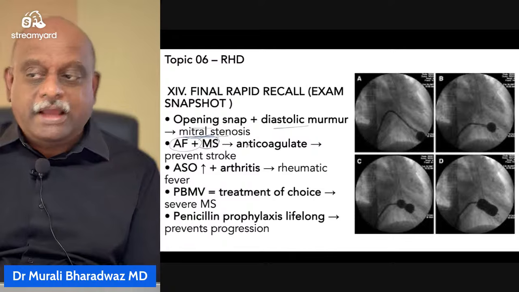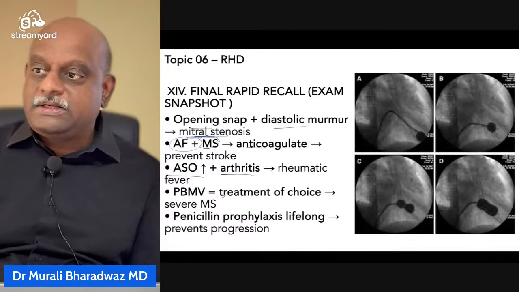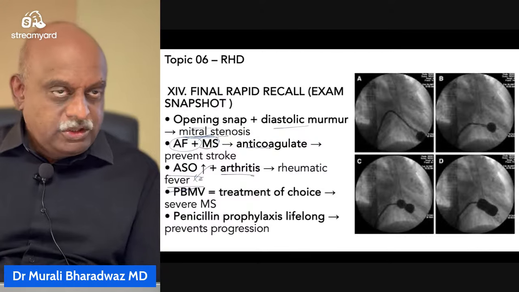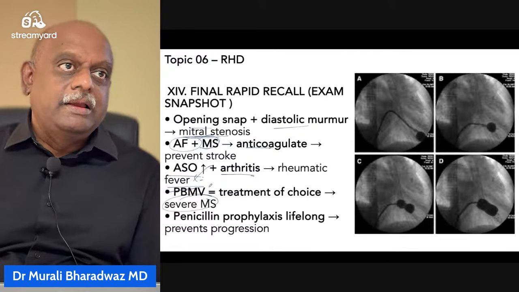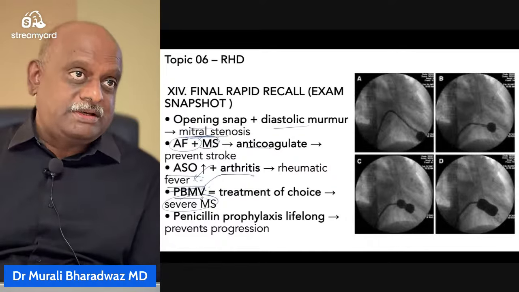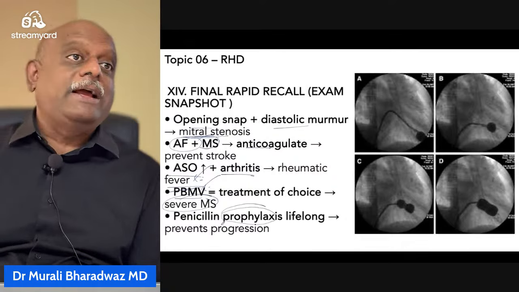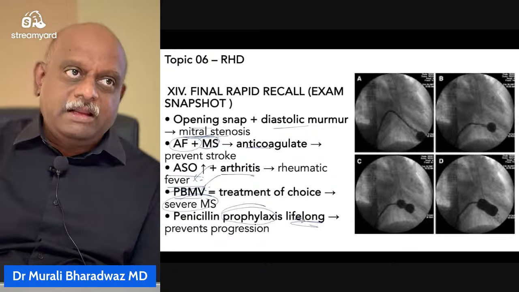AF plus MS, anticoagulate. If the ASO titers are high, plus arthritis, you think of rheumatic fever. Severe MS, percutaneous balloon mitral valvuloplasty, we will try our best. Penicillin prophylaxis is lifelong. Penicillin is available, a simple way.